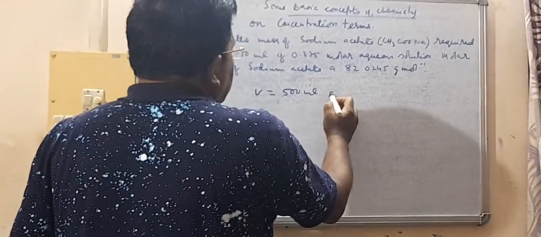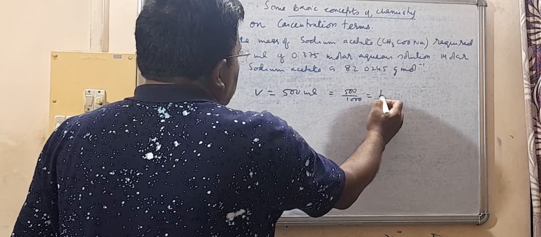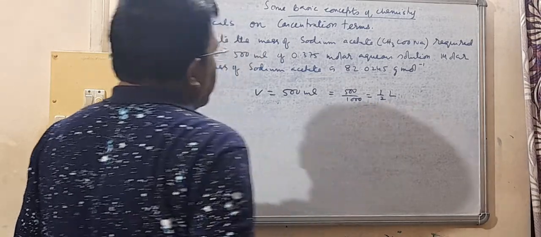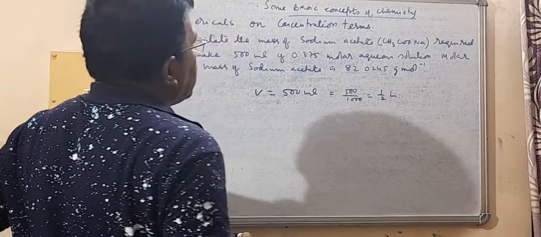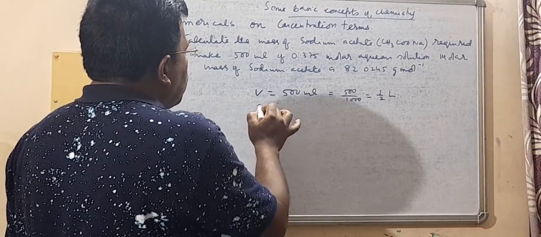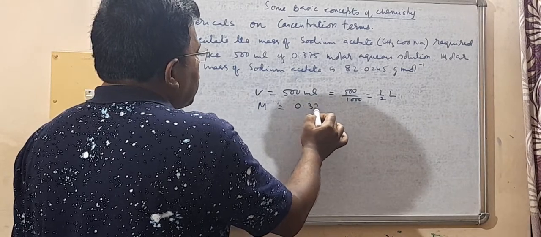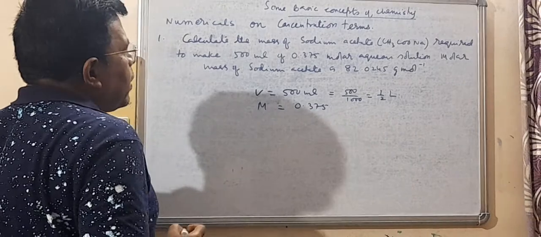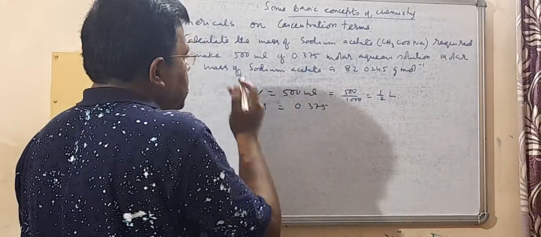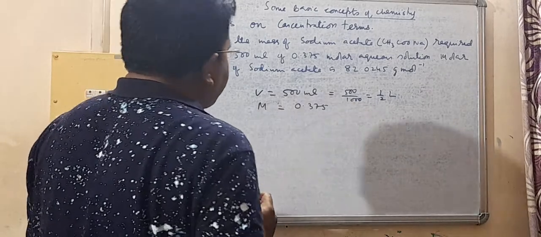Volume 500 ml means 500 by 1000, that is 1 by 2 liter. So this is first what is given, and molarity is given. It is 0.375. Molarity is given, and we have to find mass of sodium acetate. That we have to find.